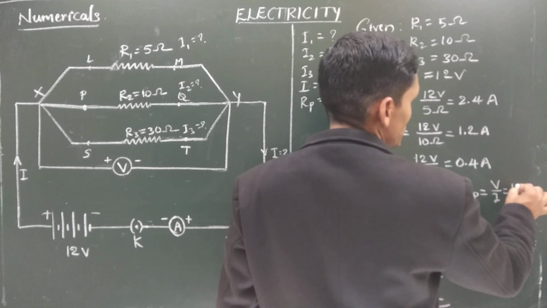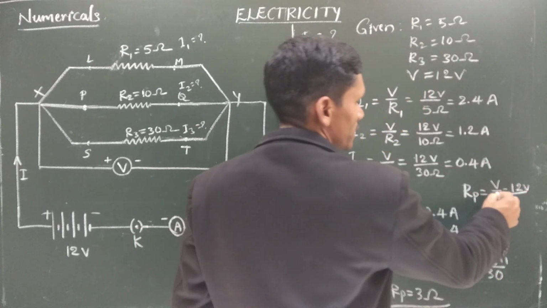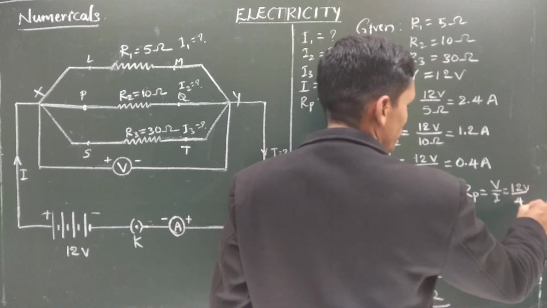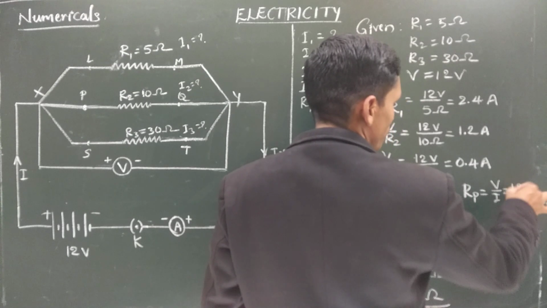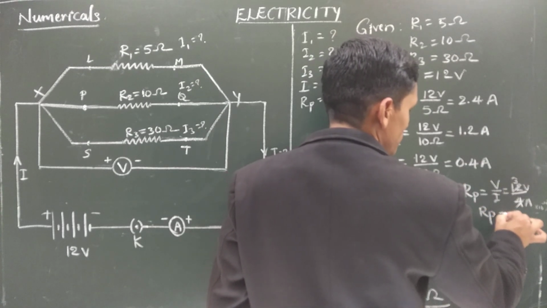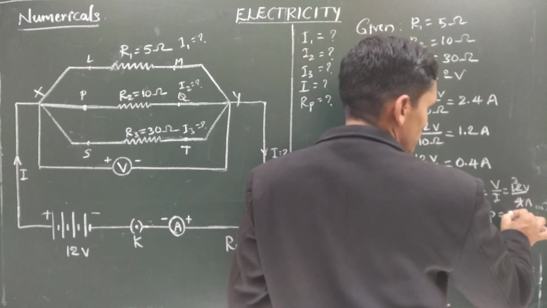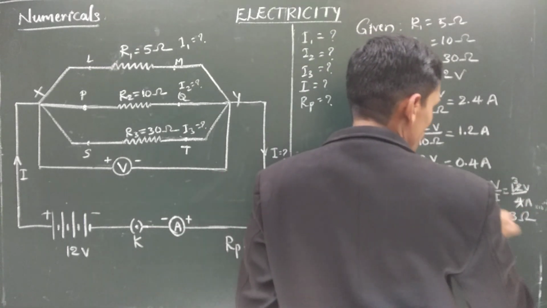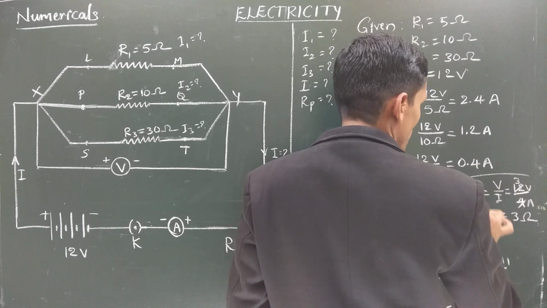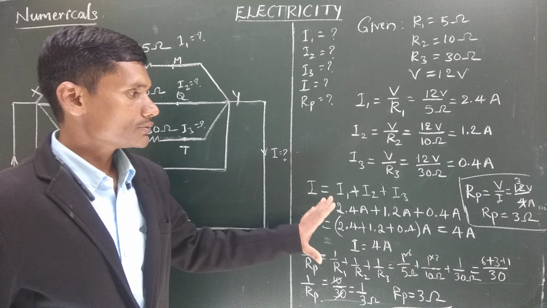Potential difference is 12 volt divided by current, which we have calculated as 4 ampere. 4 threes are 12, so this equivalent resistance will be 3 ohm. Like this also we can calculate. This is another alternate method.